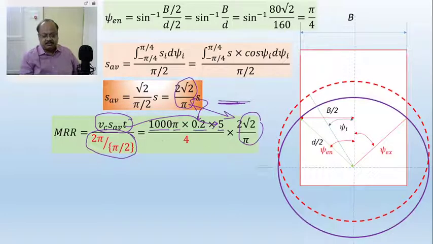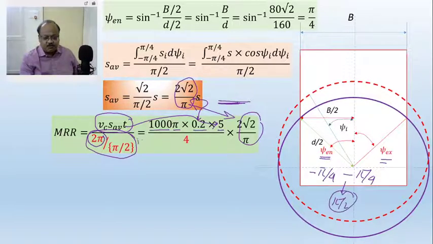The insert or the cutting edge in a single revolution rotates by 2 pi radian. Now how much of it is cutting? It is cutting from -45 degree to +45 degree, that is -pi by 4 to +pi by 4. So it is cutting for pi by 2 rotation. So 1/4 of the time it is machining.